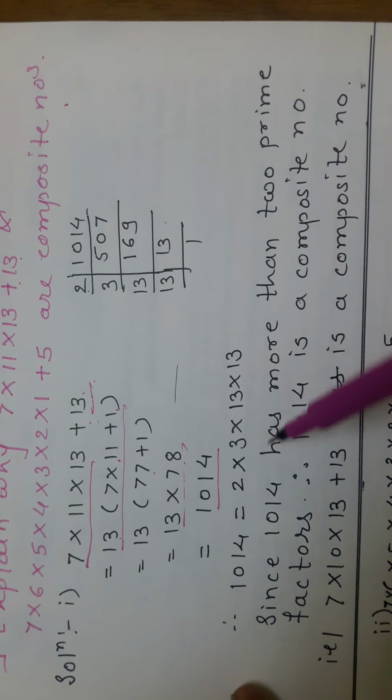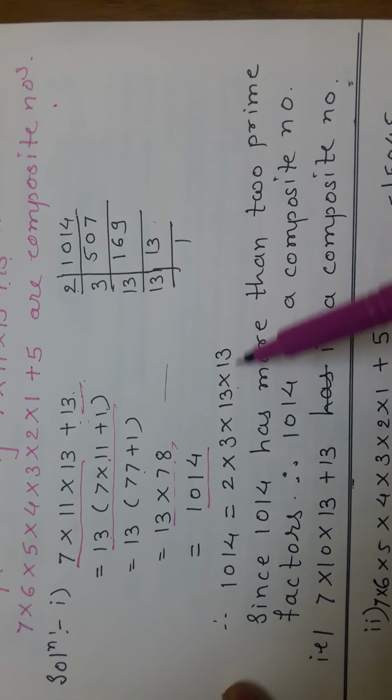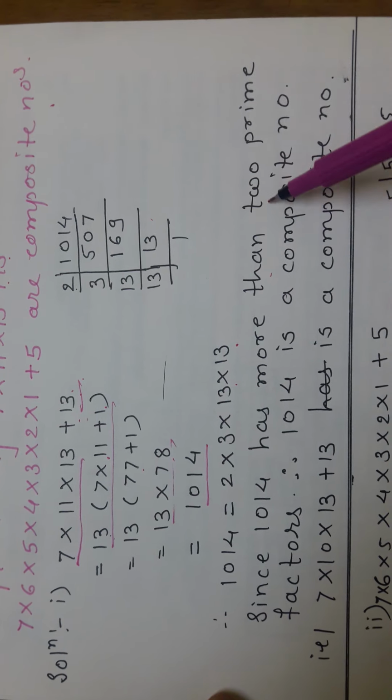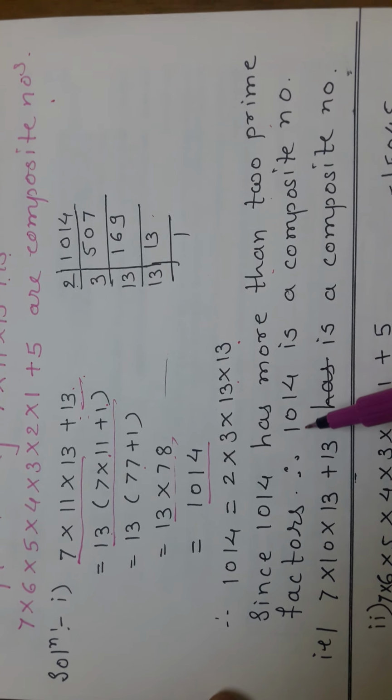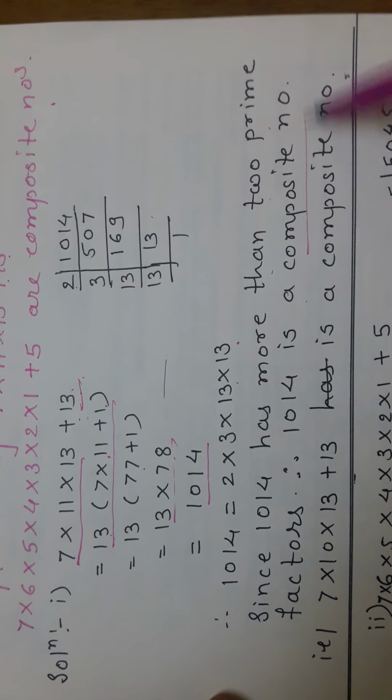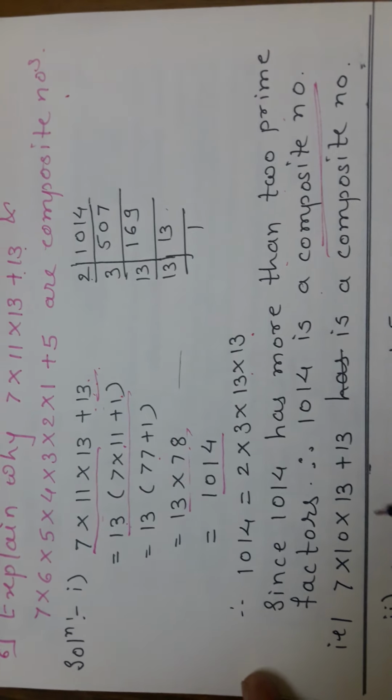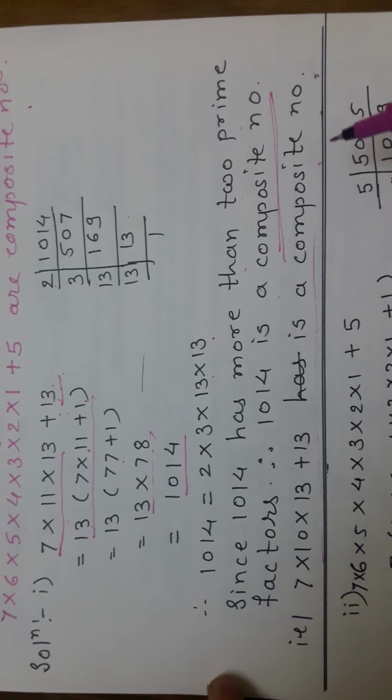Factors we find: 2 into 3 into 13 into 13. Since 1014 has more than 2 prime factors, therefore 1014 is a composite number. If it is a composite number, the given number is also a composite number.